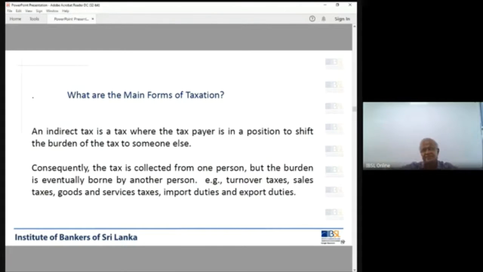Banks are getting that list. So when a person comes to open an LC to bring second-hand cars from Japan, they are not allowed to open that LC.